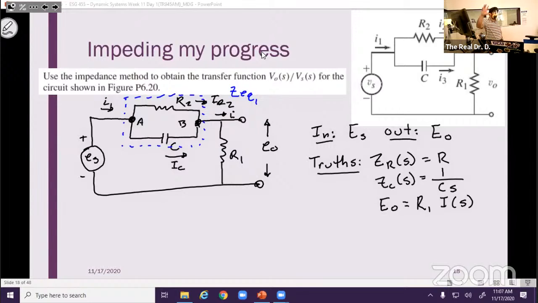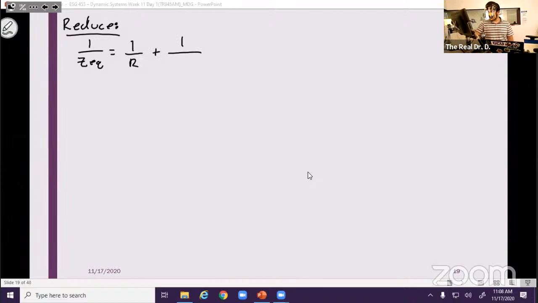All right, so we're gonna take this block here, we're gonna collapse it down into a single impedance that talks about both. Okay. So how do we do this, right? I'll do my reduction. Well, they're in parallel, so 1 over ZEQ is equal to 1 over R, plus 1 over CS. Right, 1 over ZR plus 1 over ZC. That's what it is.